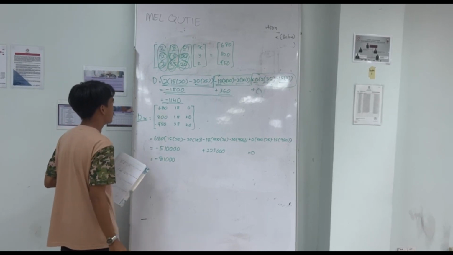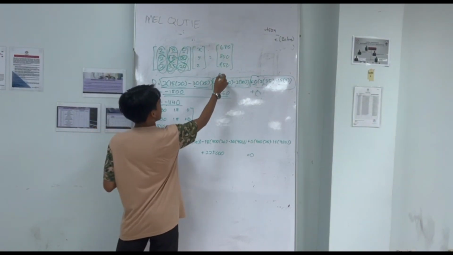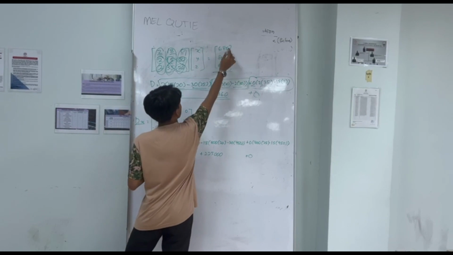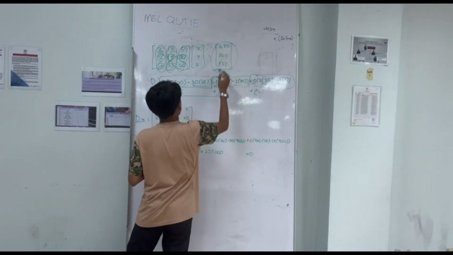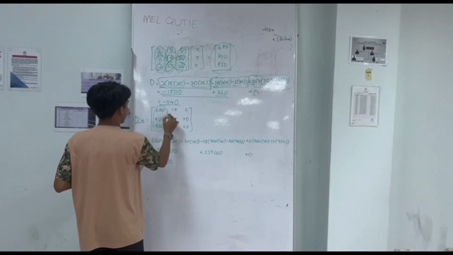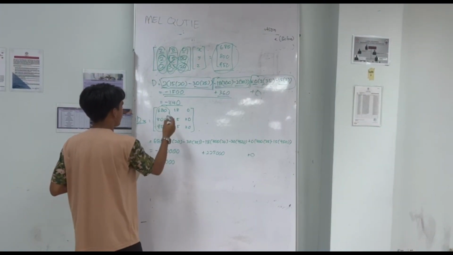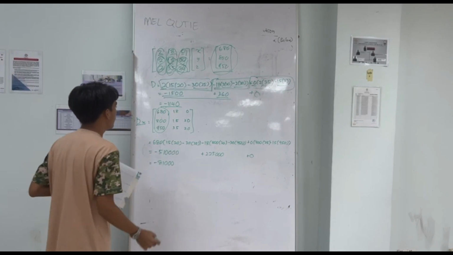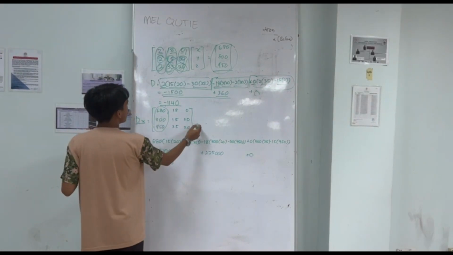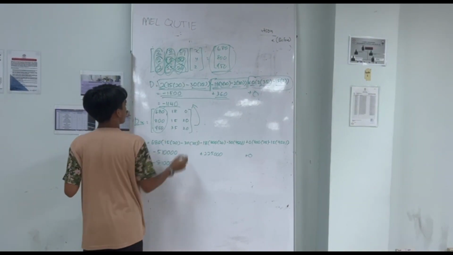Now we continue with the determinant of x. For the determinant of x, we need to copy this back answer and bring it to the front. When we have it at the front, we need to follow the flow, same as the top.